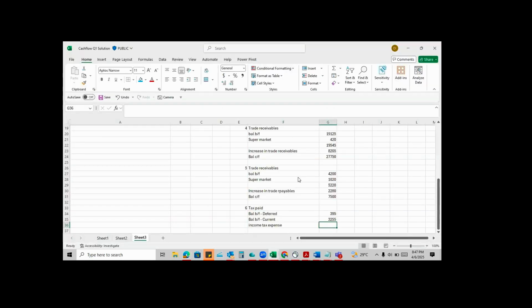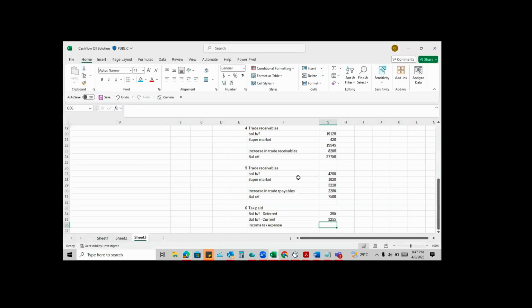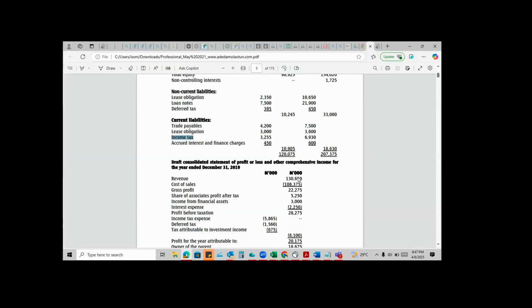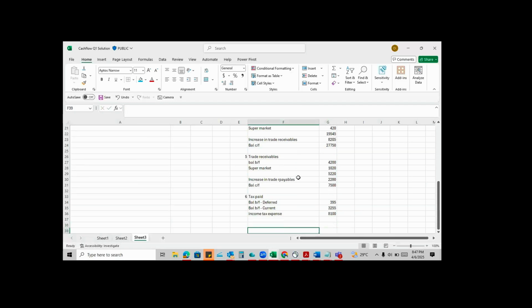See where I'm pressing it. 5,865. And then we have for deferred tax as well. And then there's tax attributable to investment income, 675. All of this put together was 810. All right. So I can say 8,100. To cut the long story short.